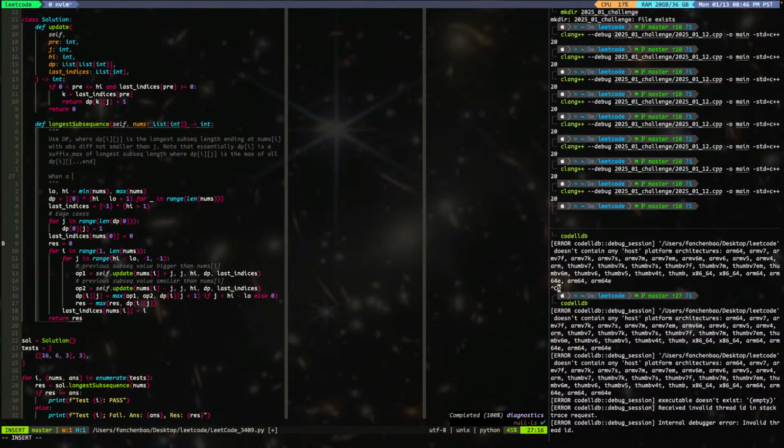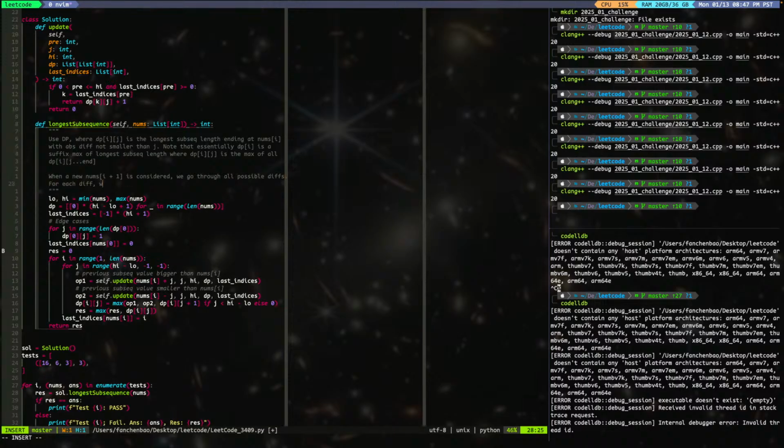When a new nums i plus 1 is considered, we go through all possible diffs, right? For each diff, we have the target number nums i plus 1 minus j, or nums i plus 1 plus j.